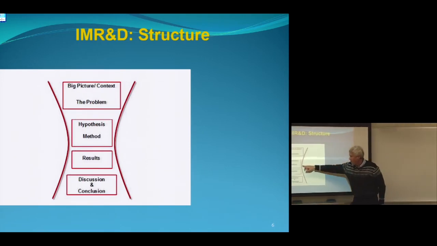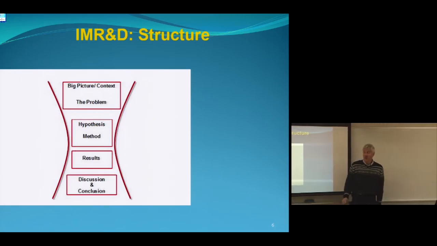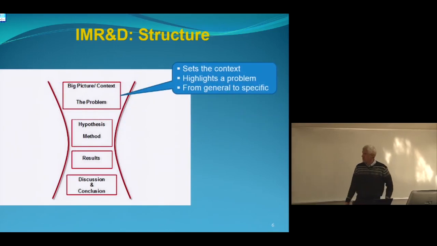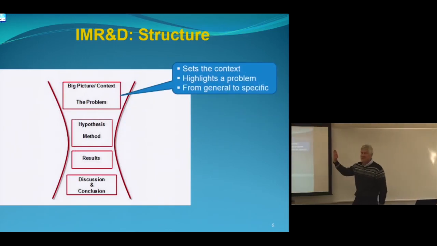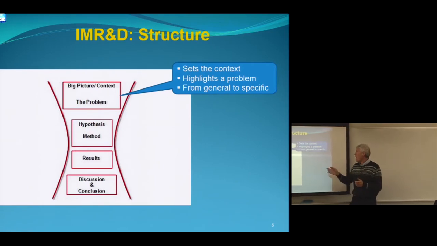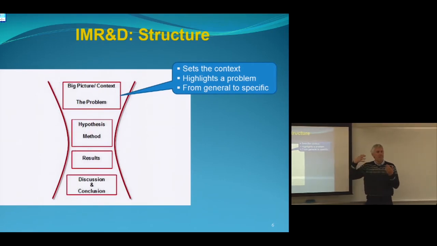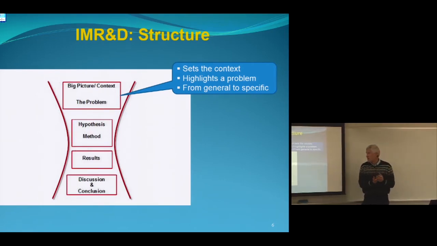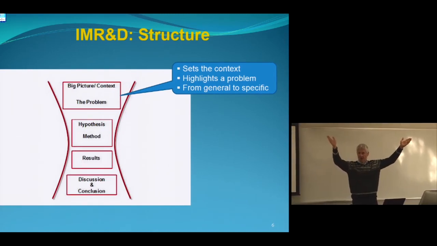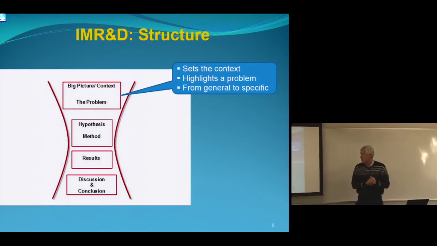But it was very narrow at the middle here. So in your talk, or in your abstract, at the very start you set the context. Why is this research being done? Why is it important that this research was done? And highlighting what is the current problem that the research is trying to address. And so it goes from this broad, general topic down to the specifics of what that particular research paper is about.